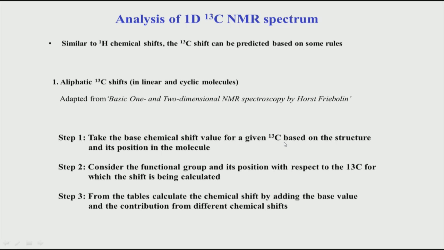Then to that base value you add values based on the different substituents present in the molecule. For example, if it is a halogen substituent, a nitro group or an amine group, based on the functional groups you add to the chemical shift, again taken from a table. Finally you get the total chemical shift value, which is the base value plus the contribution from the different functional groups.